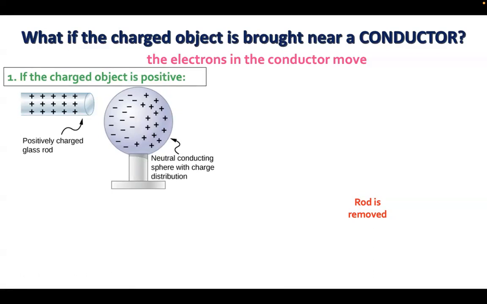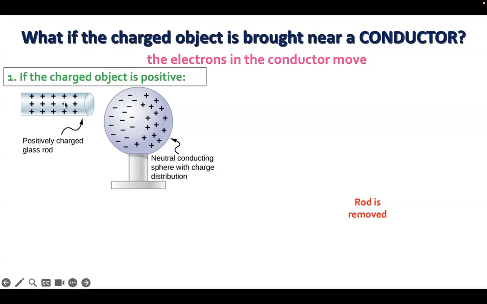Positive next to a negative, and then a negative next to another negative, then next to another positive. They would just be randomly arranged. Once I bring the positively charged insulator rod or glass rod near that sphere, first thing that happens is that you have this charge separation, right?